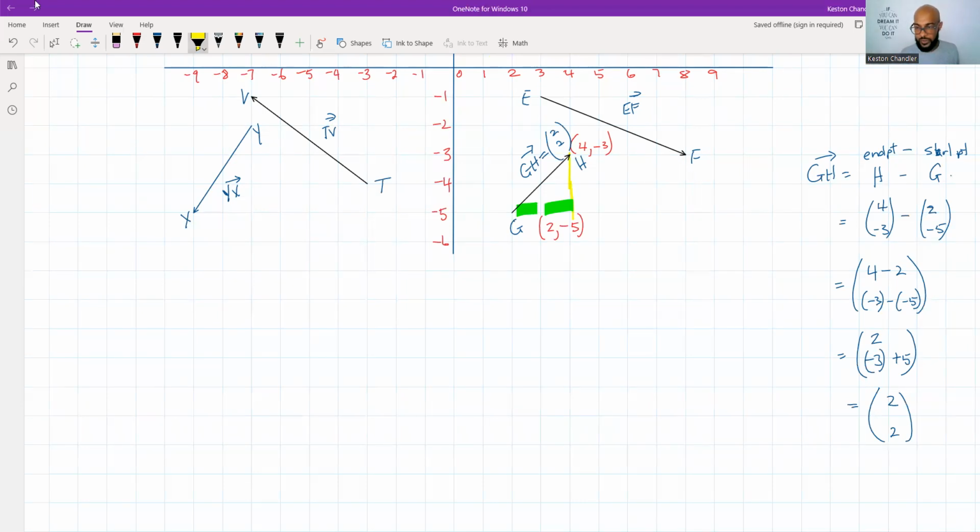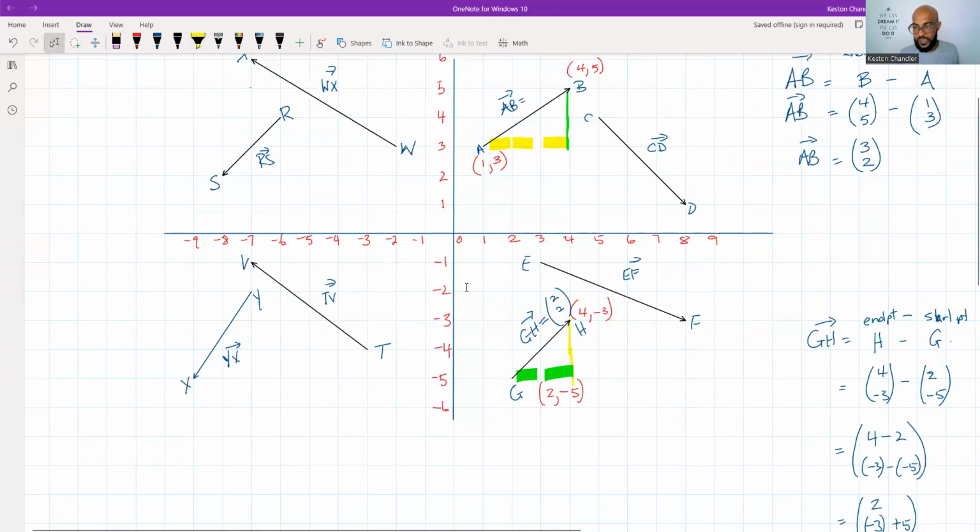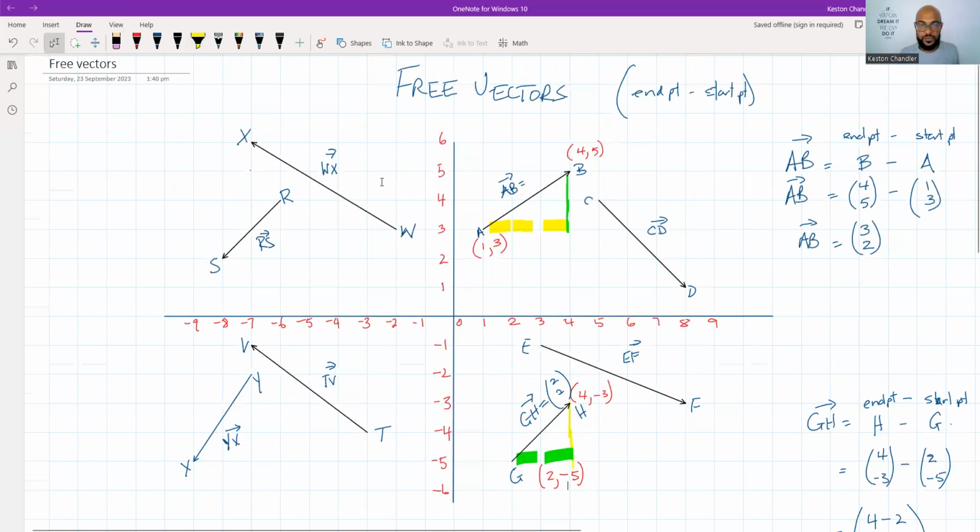Drop a Y in the chat box if you understand the concept of working out the 3 vectors. You have a 3 vector, meaning that's just drawn on a graph page, and you want to work out what the vector is: W to X, R to S, A to B, C to D. Barry, Julia, Leo.